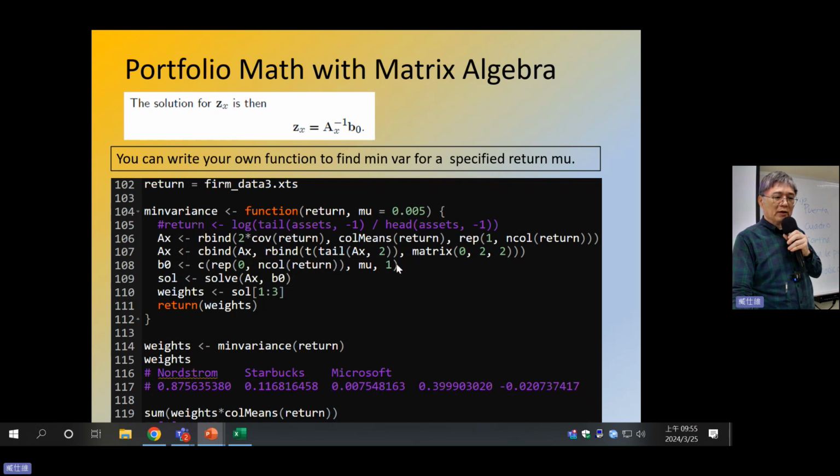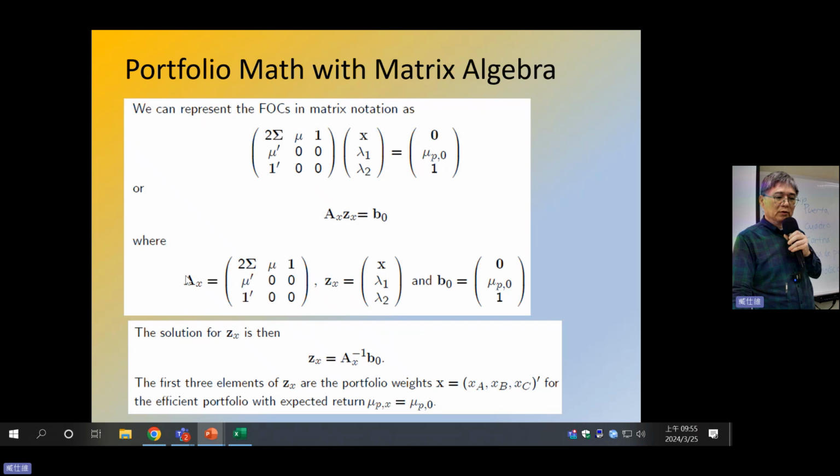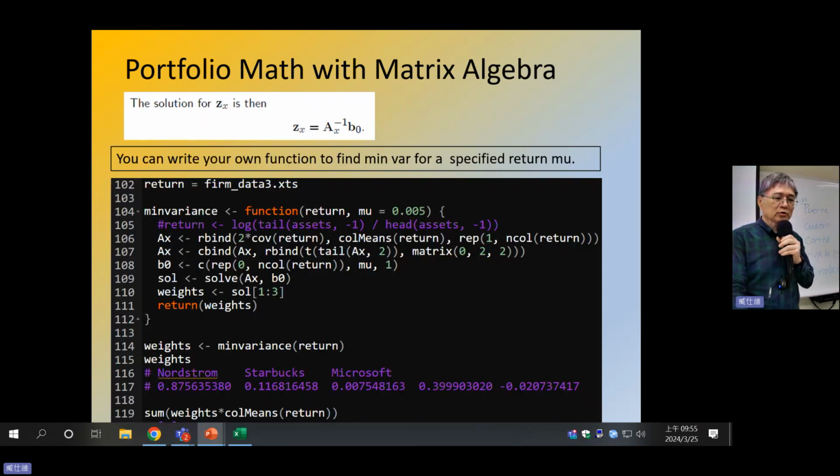So the 2 sigma will be a 3 by 3 matrix, and the mu will be 1 by 3, but here we are using row combine, so you can try it yourself.